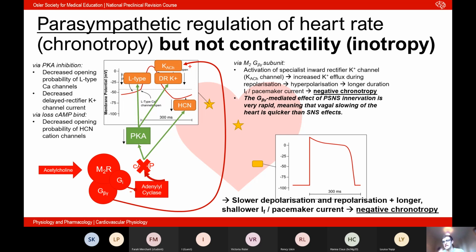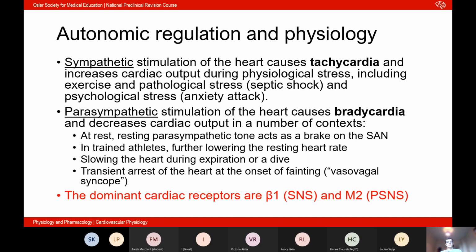It acts over, say, seconds to minutes, whereas the parasympathetic system can literally modulate the heart rate from beat to beat. And the net effect of all of this is you get slower depolarization and repolarization through the effects on the left-hand side of the screen, and you also get an elongation of the pacemaker current so that the heart rate slows down, negative chronotropy.